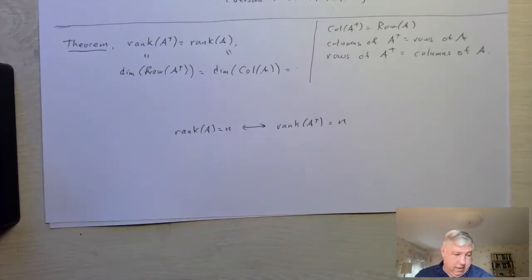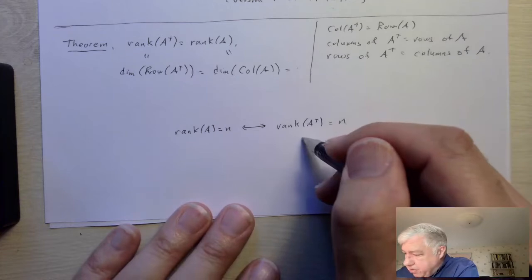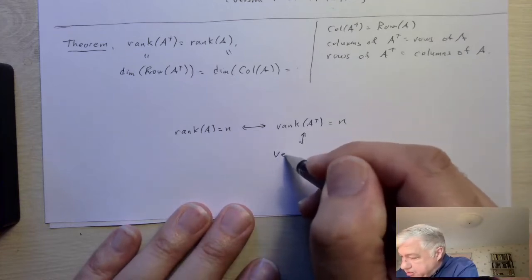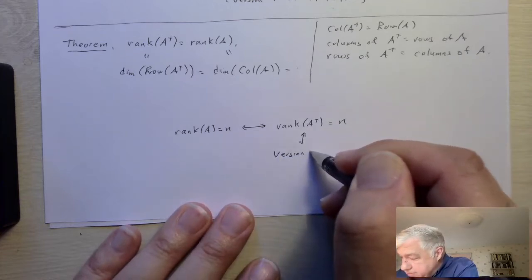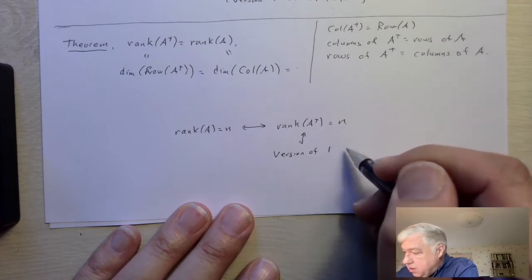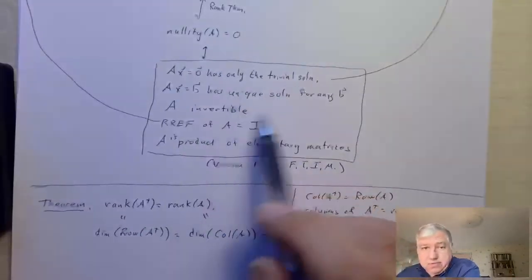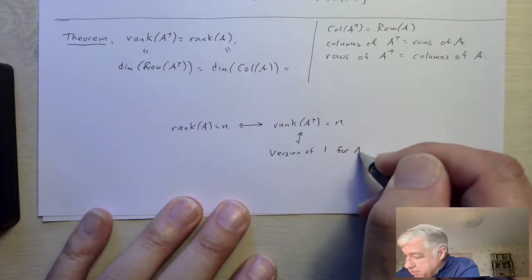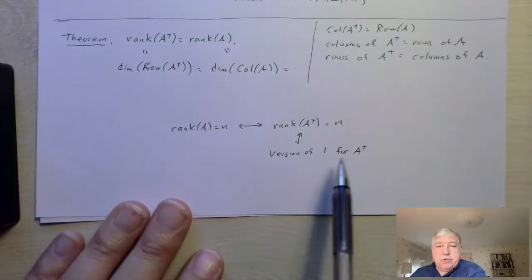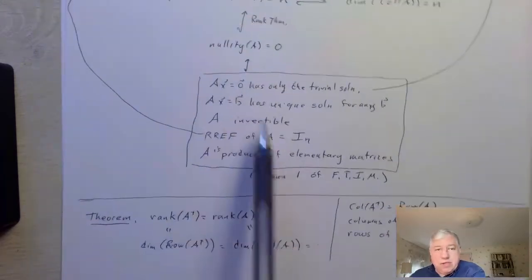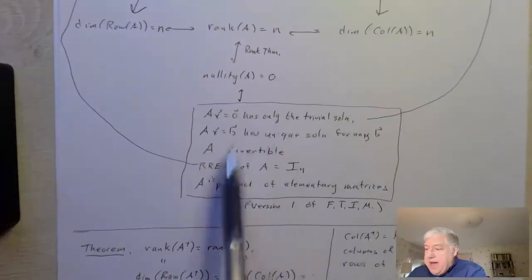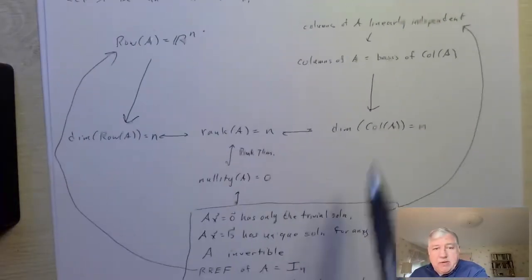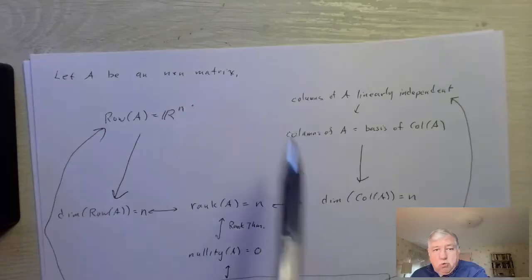Okay, and that, of course, is equivalent to version 1, that is, version 1 of the fundamental theorem for A transpose. Okay, where by that I mean it's the same set of statements where A is replaced with A transpose. And basically all of these properties will hold if A is replaced with A transpose.